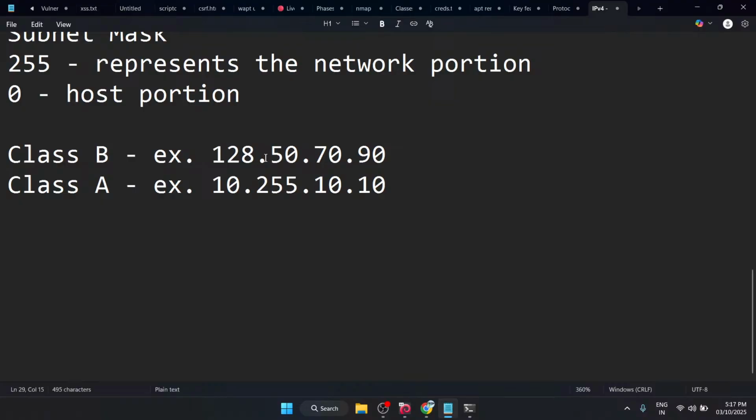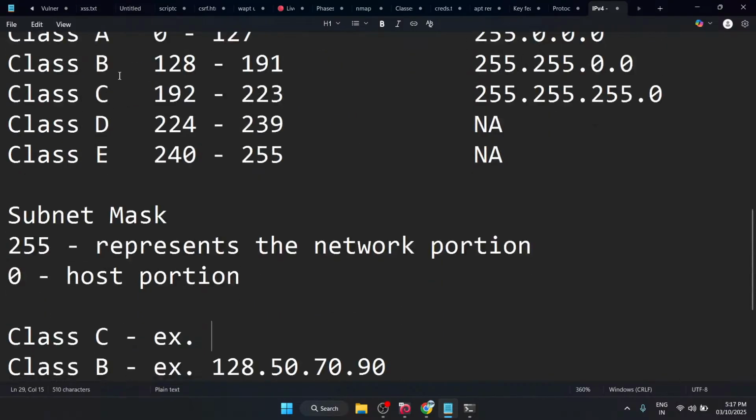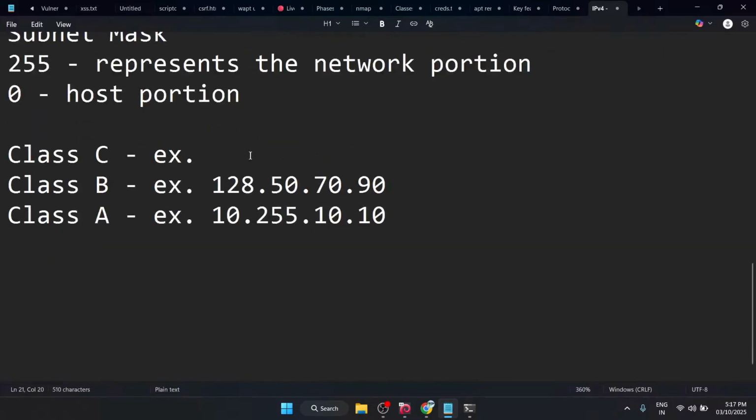Just the first octet should be between 128 and 191. Now I'm going to take a class C IP example. The range is 192 to 223. So my IP address is 192.168.1 dot anything, 36 I can put over here. It's just an example.